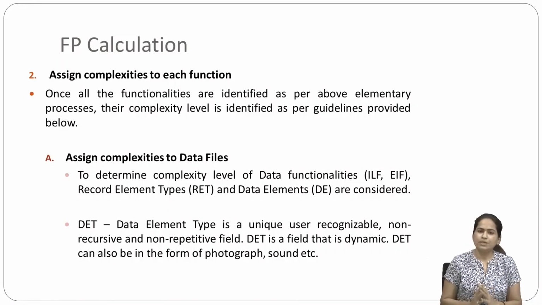It is a unique, user recognizable, non-recursive and non-repetitive field. DET can also be in the form of a photograph, sound or any other thing. You can say unique identification of a user can be DET, data element type.